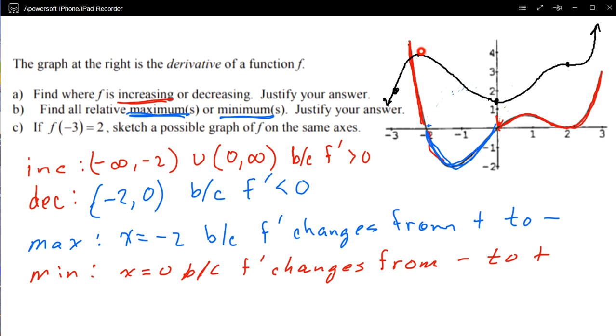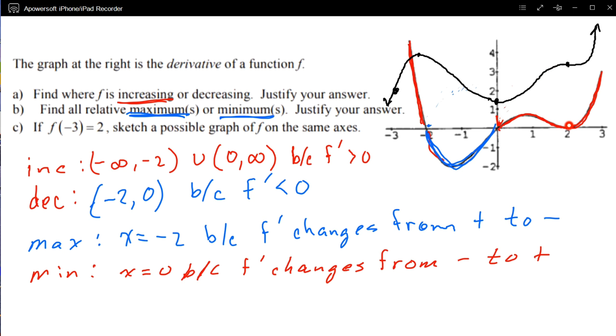We're starting out at -3, 2, which is right here, so we have to increase, and then we're going to be decreasing all the way down to x is 0, and we're decreasing for that whole duration because f prime is negative. Then we reach a minimum right here because f prime changes from negative to positive, and then we're increasing, so we increase here.